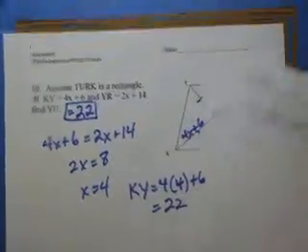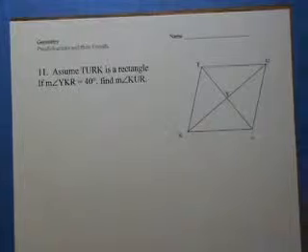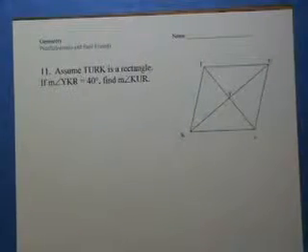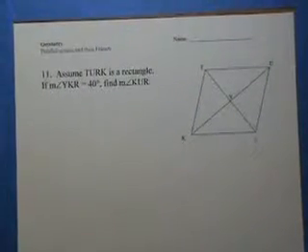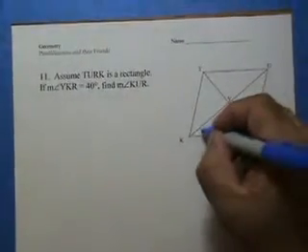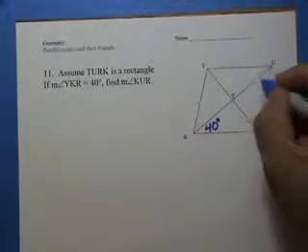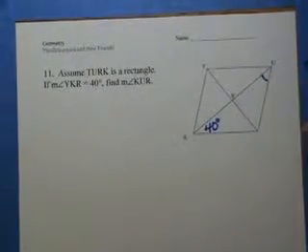Number 11. Assume TURK is a rectangle. So we're assuming it's a rectangle again. And we're given measure of angle YKR, and we're asked to find measure of angle KUR. That's this angle.